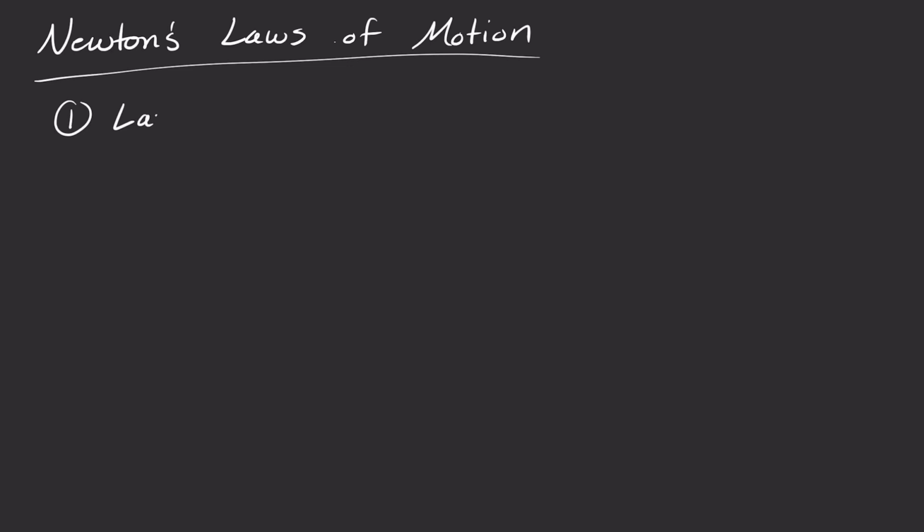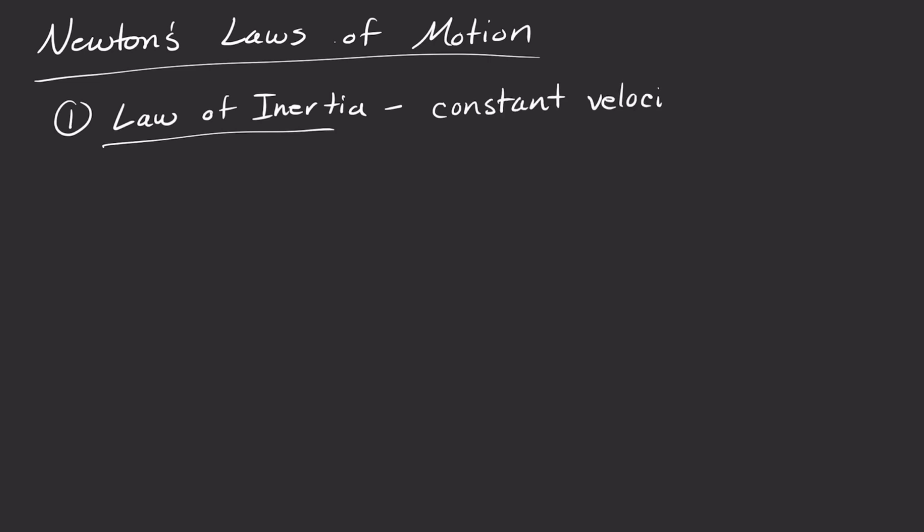So the first law is sometimes called the law of inertia. The law of inertia just says that an object is going to move with constant velocity, which also means no acceleration, unless there is a net force acting on it.